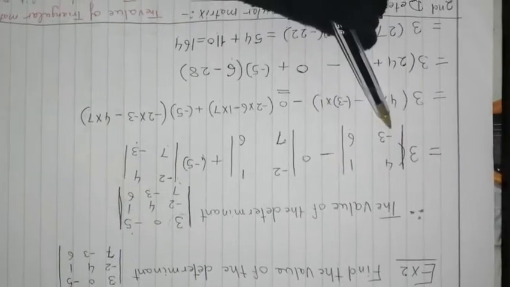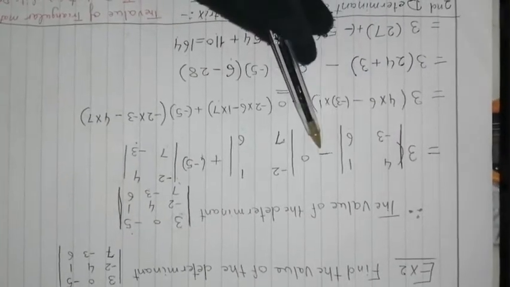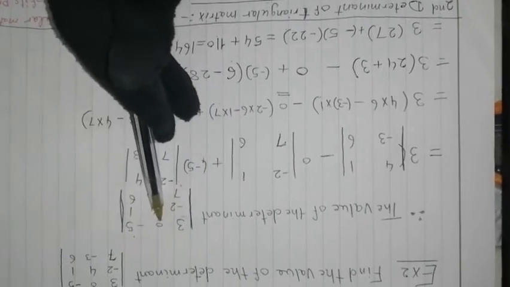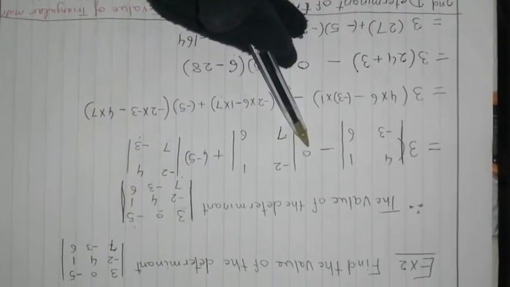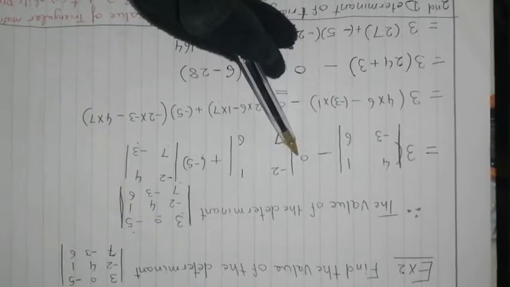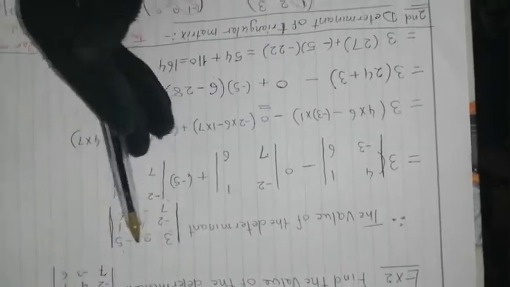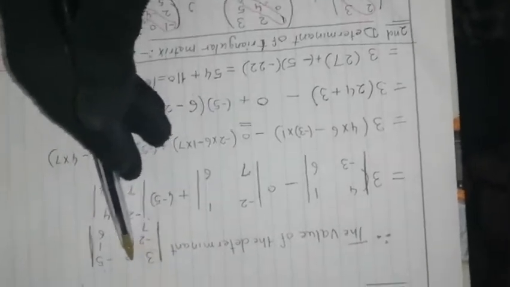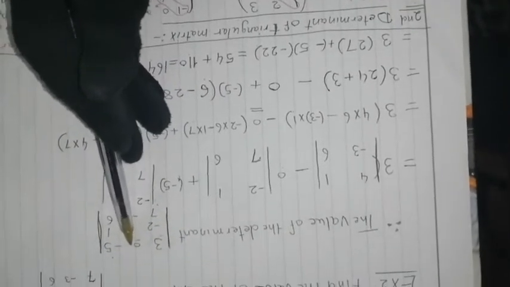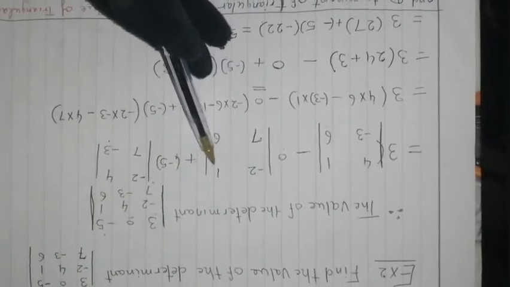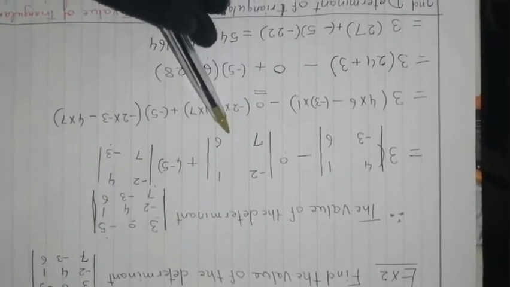Minus, what is the second element? 0, 0 times what? Minor determinant. How to find the minor determinant? Repeat again. We cancel the first row and the second column: -2, 1, 7, 6.